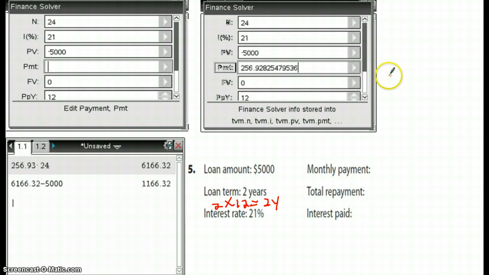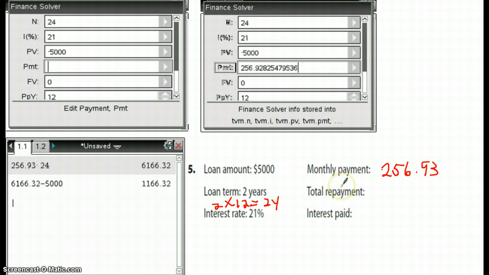It tells me that my monthly payment is $256. Now that 8 means I must round the 2 up. So my payment here is $256.93.